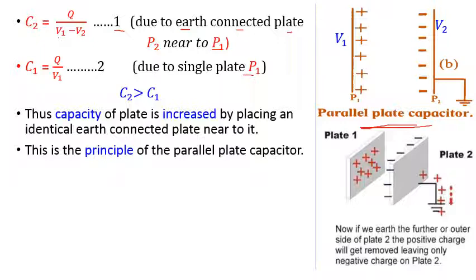So this C2 is more than C1, means by this arrangement we can increase the capacity of the parallel plate capacitor, and this is the principle, yes or no? To reduce the potential and to increase the charges, that is to increase the capacity. In this way we can verify or explain the principle of the parallel plate capacitor.